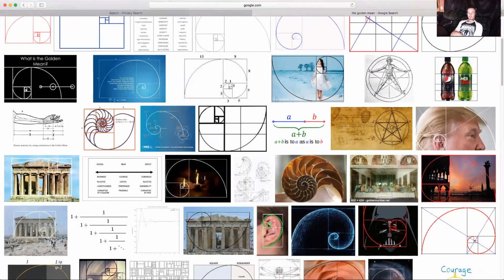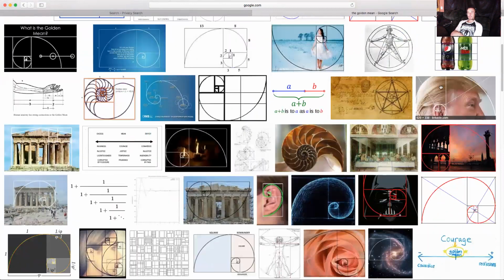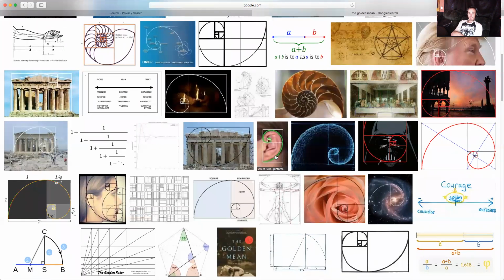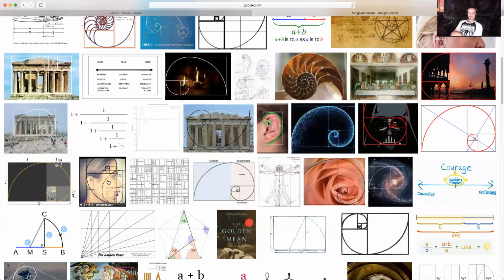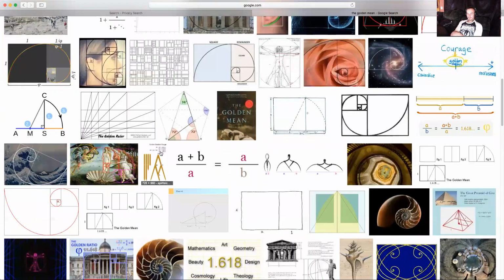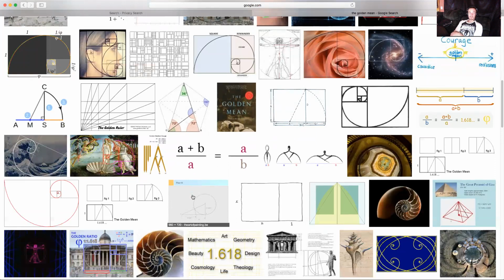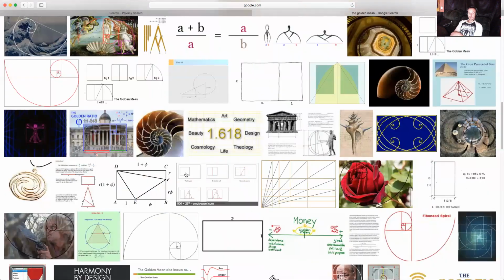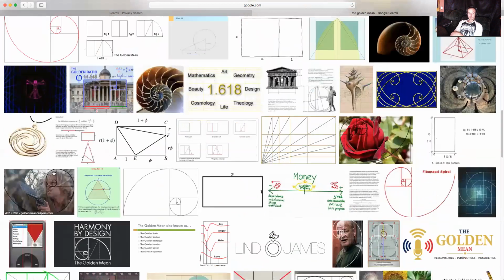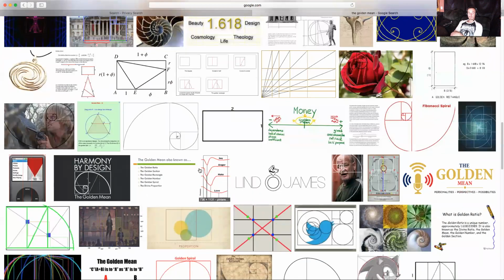Plants, animals, paintings, Trump's hair, roses, faces, everything. A lot of it's in sacred structures, wavelengths, how a wave crashes. Everything. You can sit here and go through and find the golden mean, the golden ratio, in everything, okay?